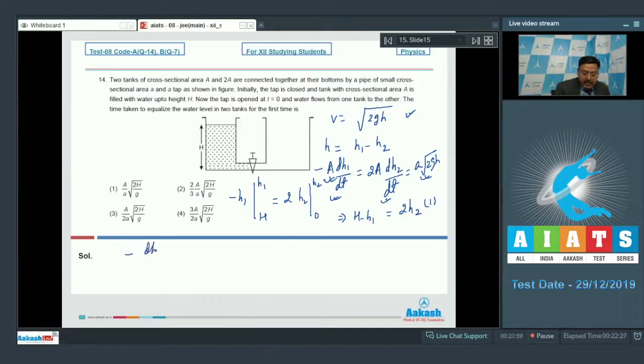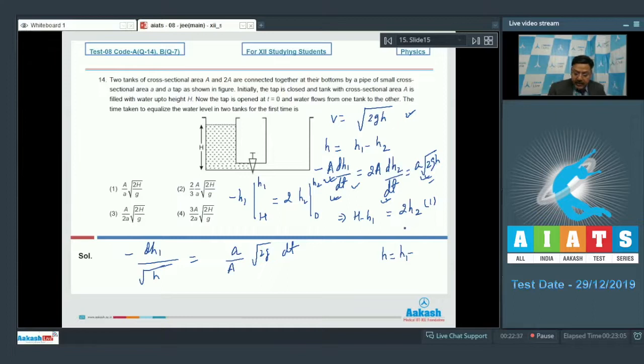minus dh1 by under root h equals small a by capital A, and then it is under root 2g dt. Okay, from these two expressions, this is the equation we get, and to make it possible to integrate, we write h, which is h1 minus h2.